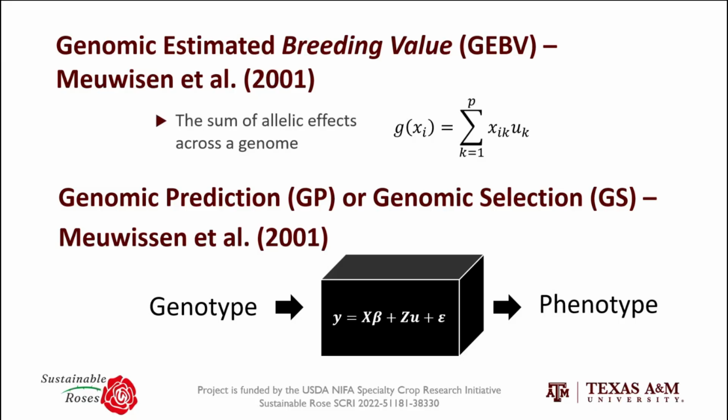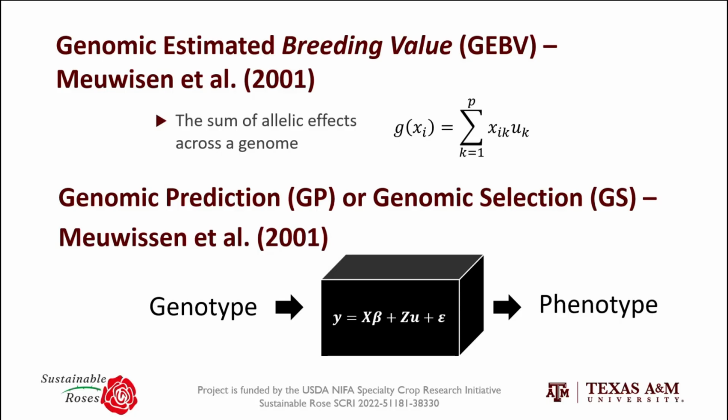That's what this formula shows, the summation of all of the marker alleles and their u, which is their effect. So if we know the effect of every allele and how it affects any given trait, and we know that throughout the genome, then we can calculate a breeding value for any plant as long as we have the genotype for that plant.